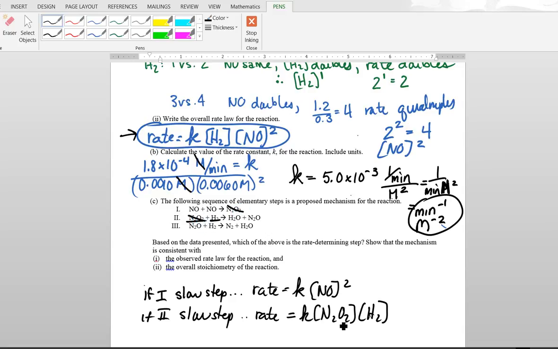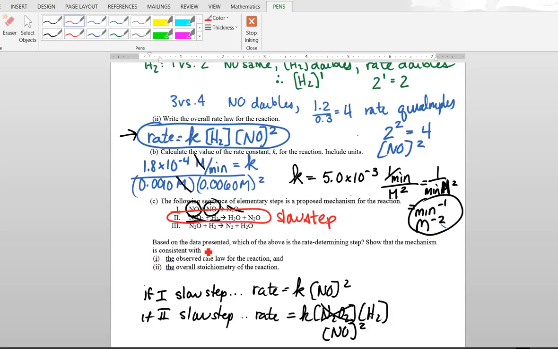Okay, so wherever you see N2O2, we're going to substitute in NO and NO. So we're going to substitute in NO squared wherever you see N2O2. And now this actually matches our rate law. It's second order for NO and first order for H2. So that means that our second step must be the slow step, because that would work out and actually match our rate law.